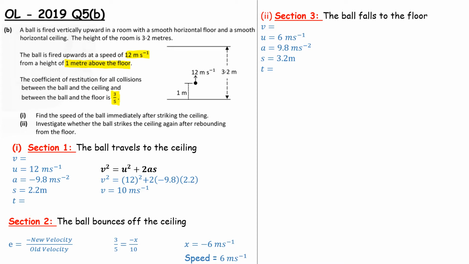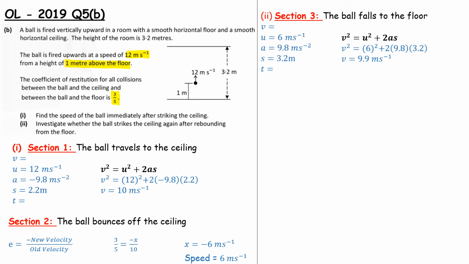I'm taking my S, the distance traveled, as 3.2 meters, and I want to understand the speed as it hits the ground. So again, I'm using V squared is equal to U squared plus 2AS. And I'm going to sub in here and work out V is about 9.9 meters per second. If you're using acceleration as 10, it'll work out exactly as 10 meters per second.